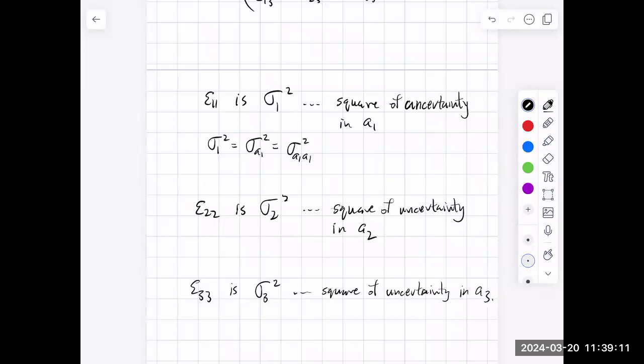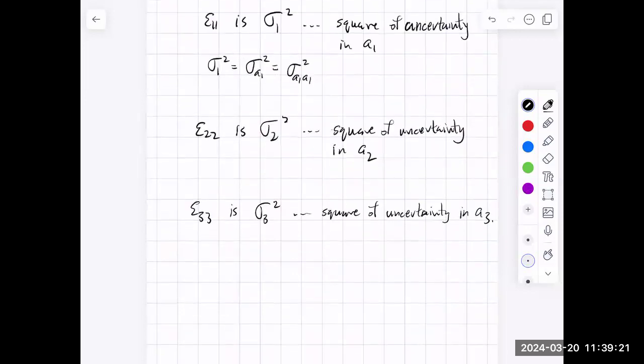The off-diagonal elements, like epsilon 1,2 and epsilon 1,3, are the covariances of the uncertainty. Typically, if your fit parameters A1, A2 and A3 are independent of one another, those off-diagonal elements should be small, and we typically ignore them.